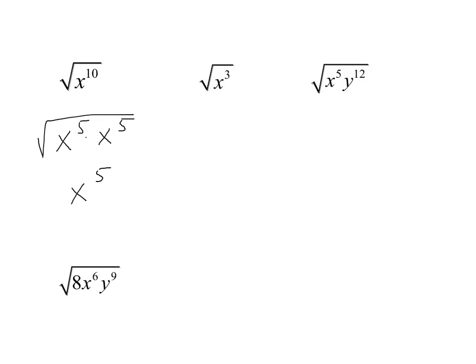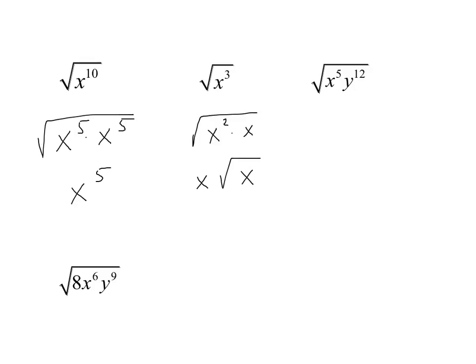So I'm going to turn this into the square root of x squared times x. I've taken out a perfect square factor by taking out the biggest even exponent I possibly can. And the square root of x squared is just going to be x, because x times x is x squared. And then the x stays on the inside.